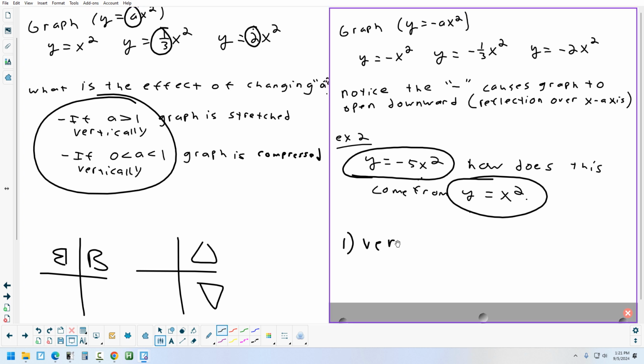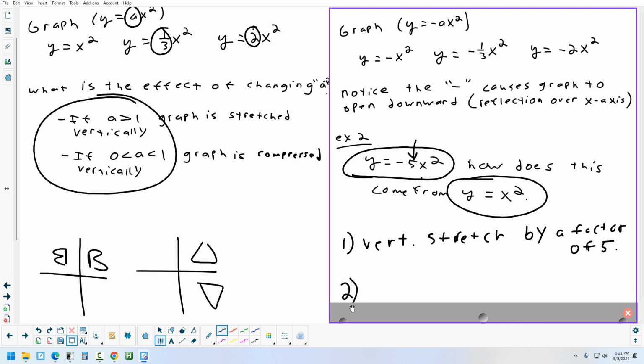You put vertical stretch by a factor of 5. That's what the 5 does. Vertical stretch by a factor of 5.